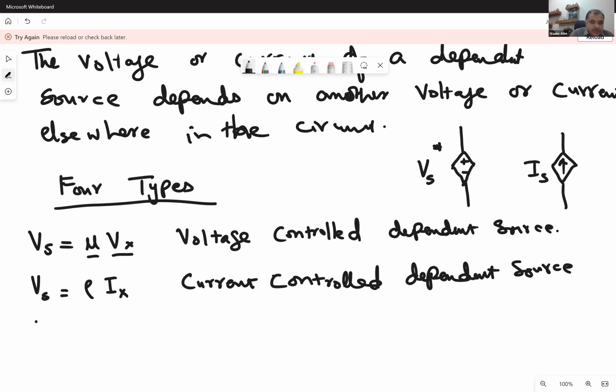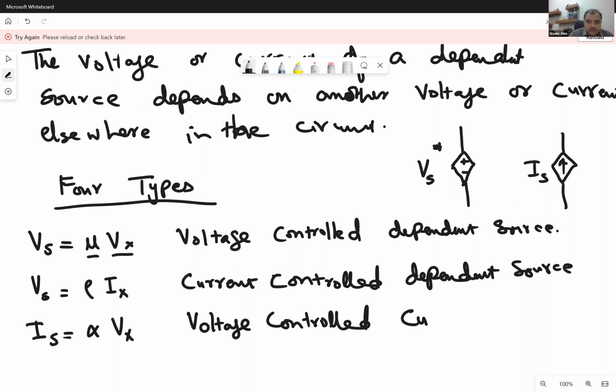The third type is again the current source now. It's a dependent current source, which could be something like this. Again, it's a voltage in another part of the circuit times some constant.